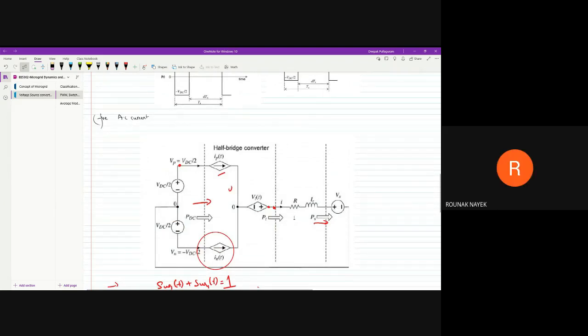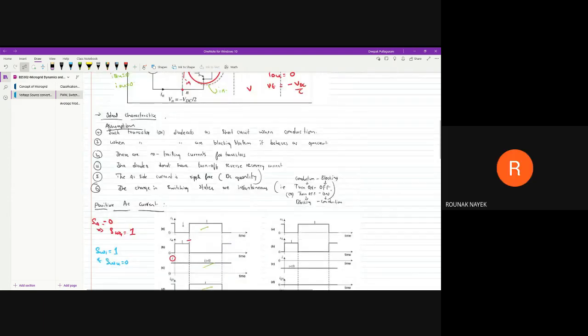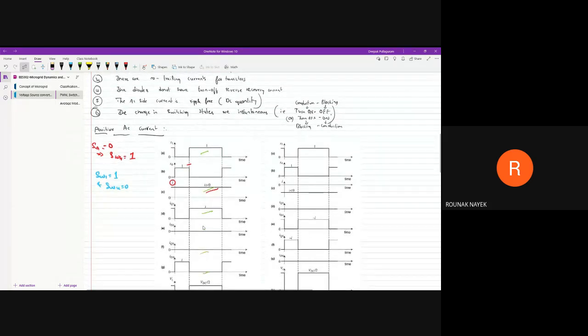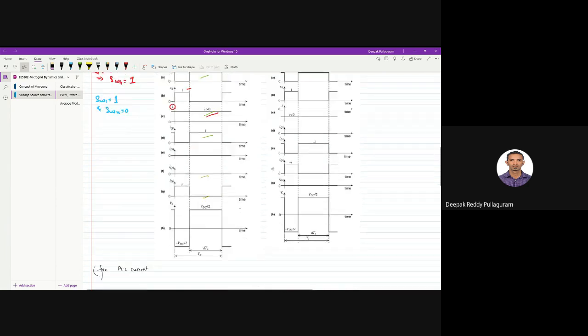No, sir, I'm talking about initially, you always take I as positive. If voltage is fluctuating, alternating, how can the current always be positive? That's why I'm asking. Okay. Voltage is fluctuating, but still the current is in a positive direction. This is your question. Yes, sir. So, can anyone answer this question?